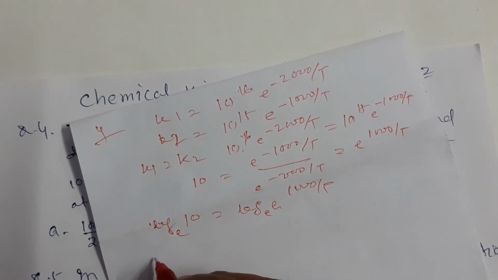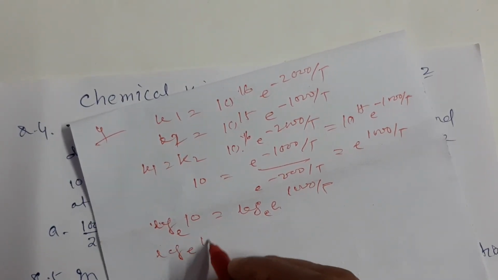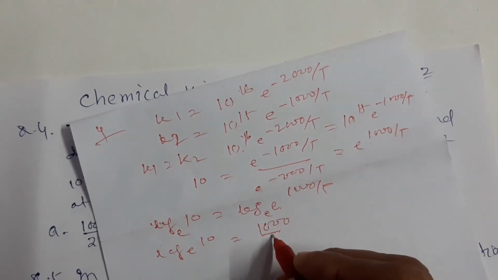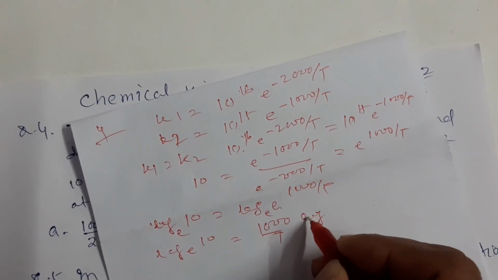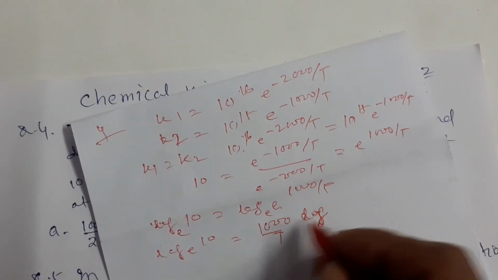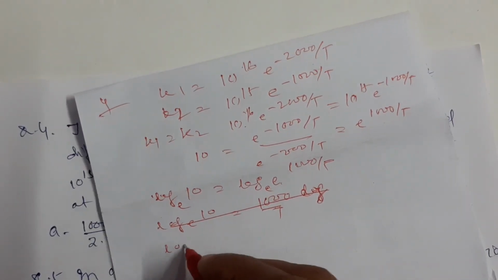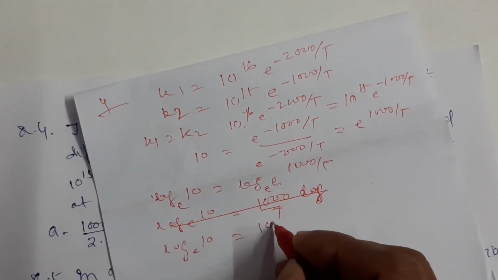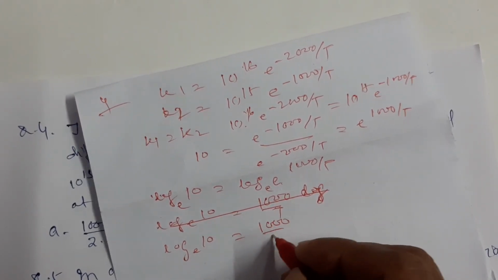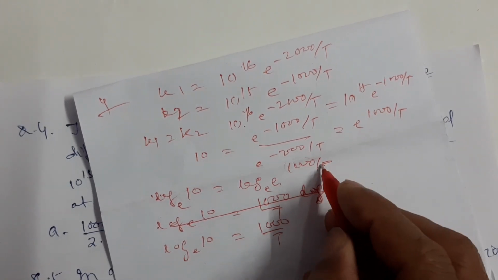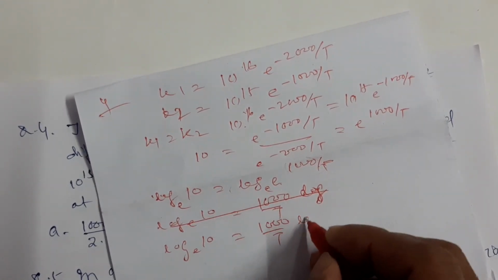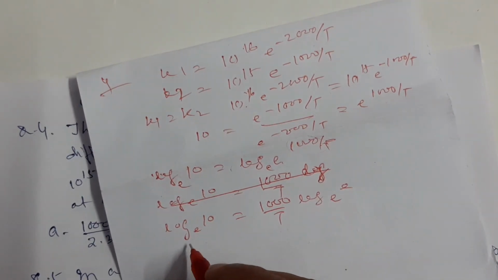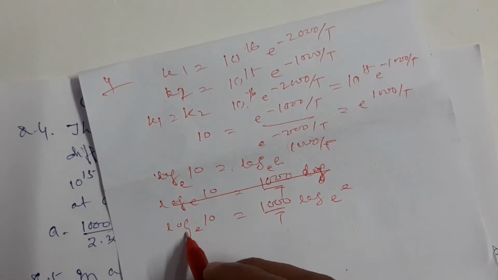So log e 10 is equal to 1000 by T. I am writing again, log e 10 is equal to 1000 by T, where the log is to the base e.